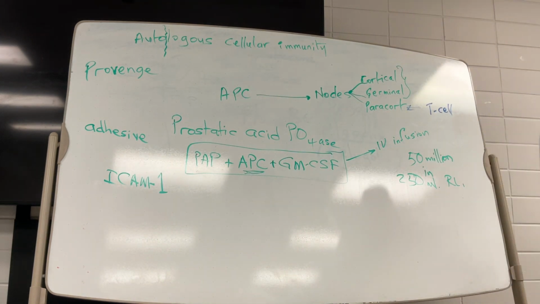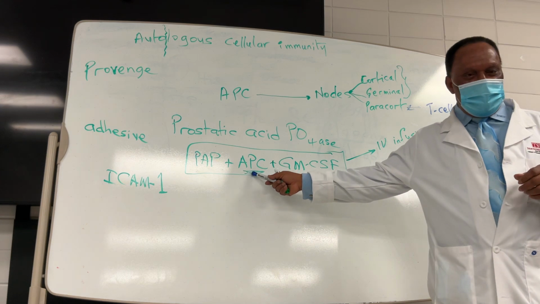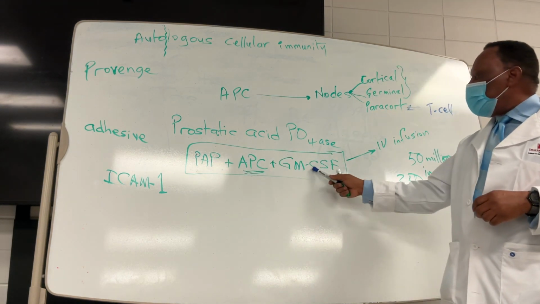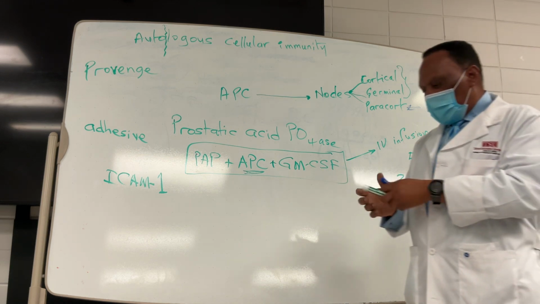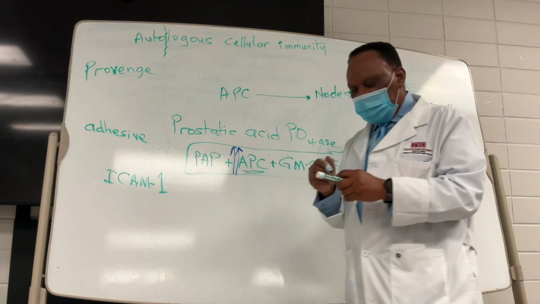You will get an increase in the number of your APCs. So in other words, this incubation system, because of the colony stimulating factor, would let you see a large increase in the APCs.